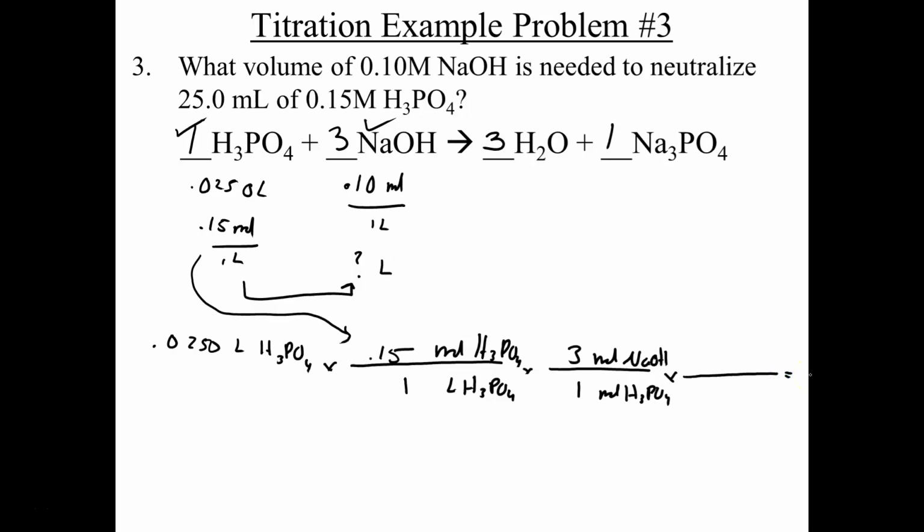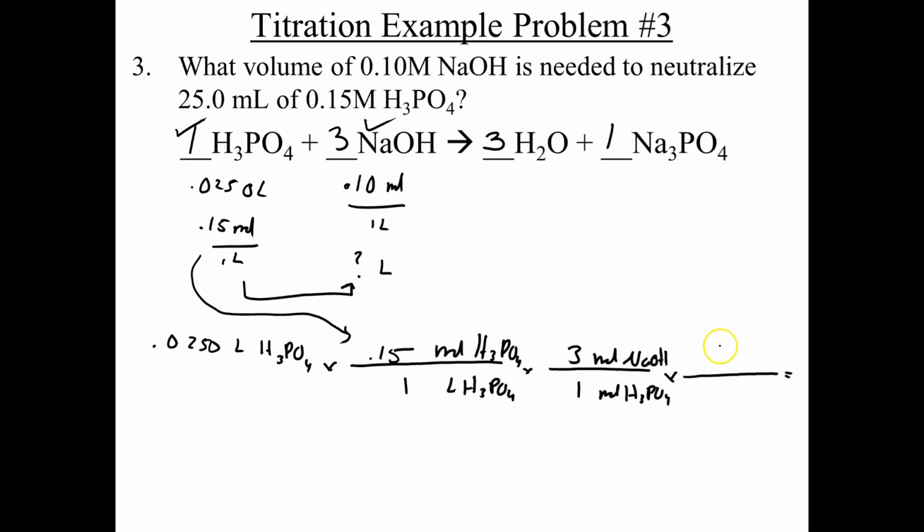Okay, I could stop there and take my moles of NaOH, and plug it into this molarity calculation here. Right, because I have my molarity, it's given to me, it's at 0.10 moles per liter. I have that. I will have my moles now from this stoichiometry. I could then just do algebra and solve for liters, but it's easier to just knock it all out in the factor labeling. Let's go ahead and factor label this then.